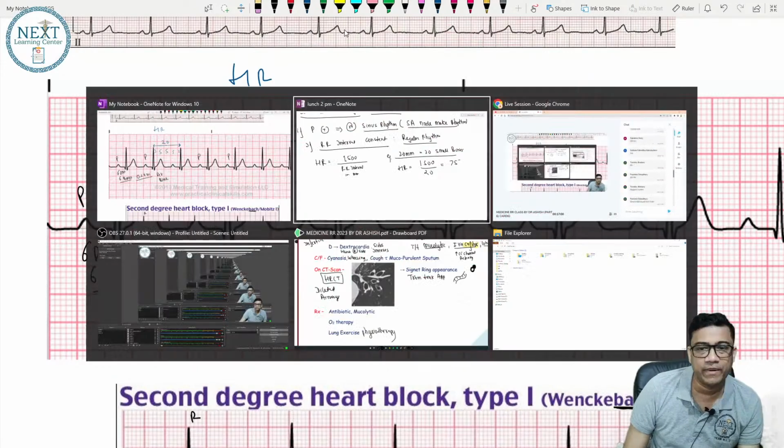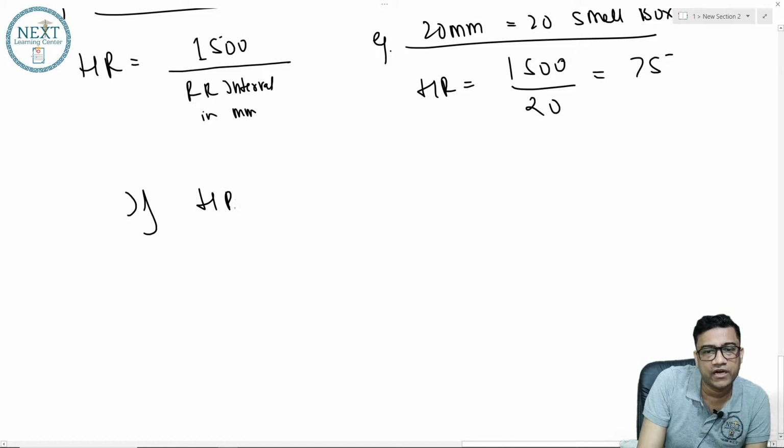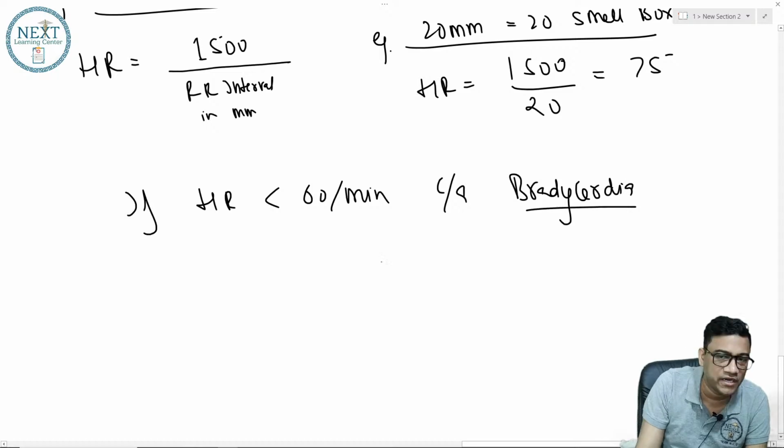So now let's come back. First, if the heart rate is less than 60 per minute, it is called bradycardia, and if the P wave is present, sinus bradycardia.